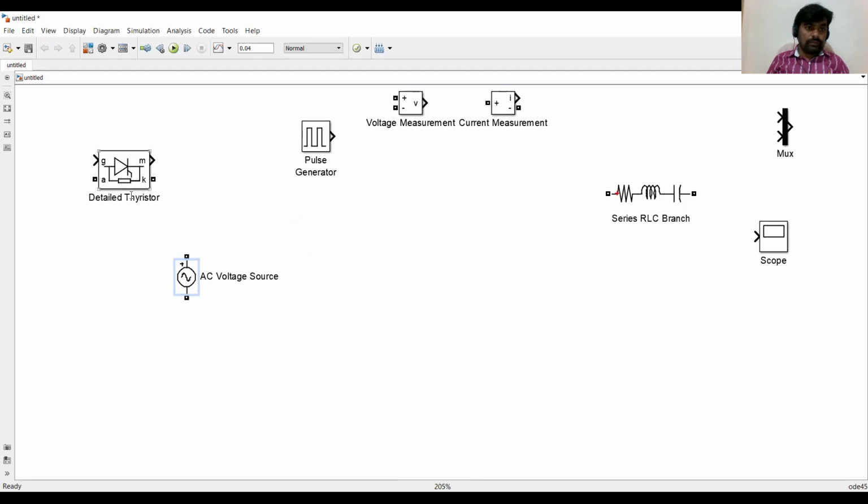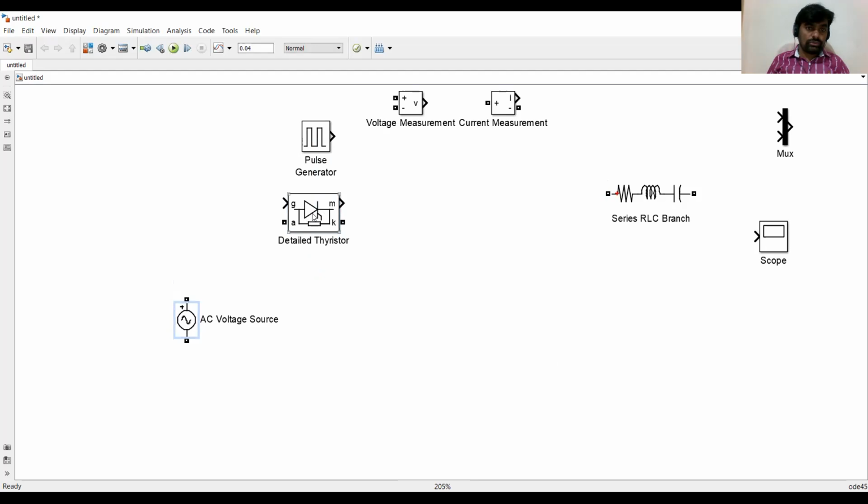Then it is connected to thyristors, where two thyristors are connected anti-parallel. This is thyristor T1, which will take care of the positive half cycle, and T2 will take care of the negative half cycle. The cathode and anode are short circuited, anode and cathode short circuited like this.